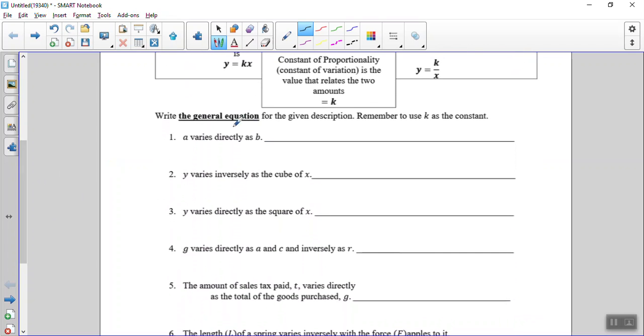So we want to first be able to write a general equation for the given description. Remember to use k as a constant.